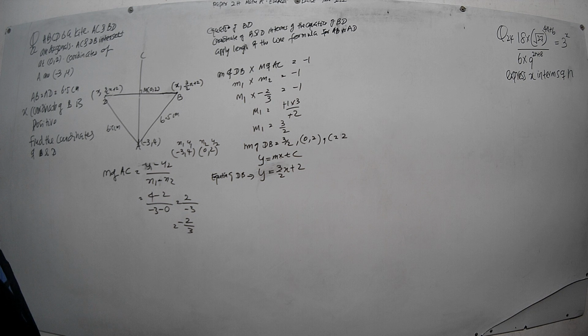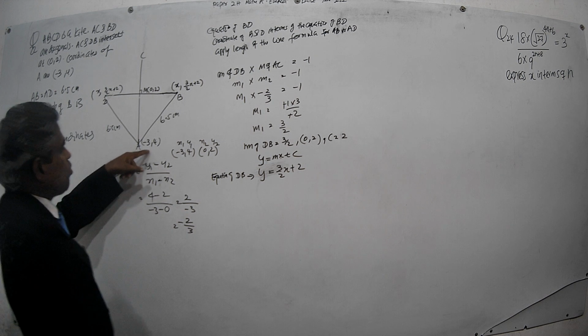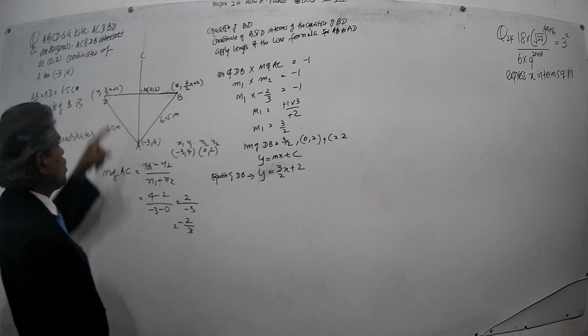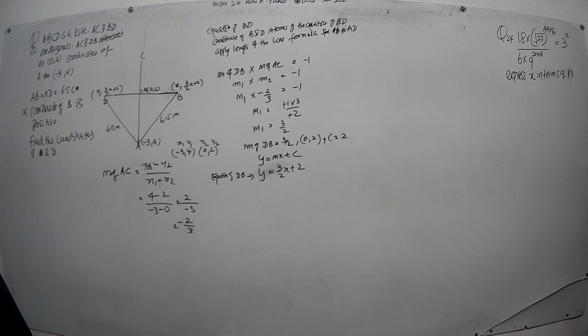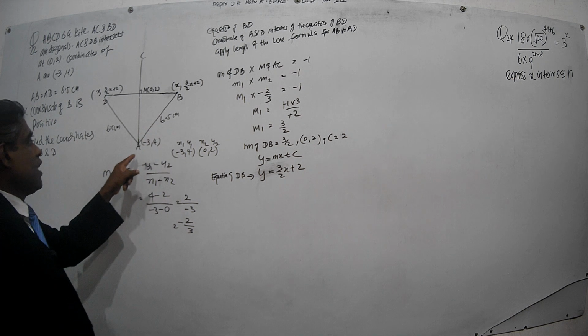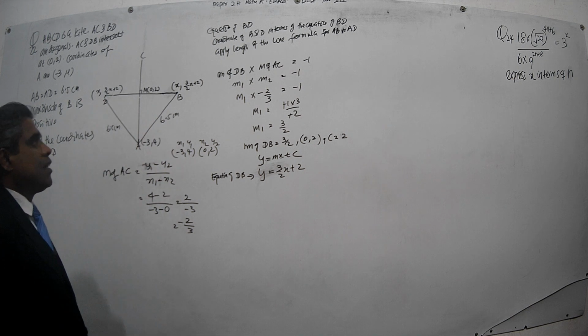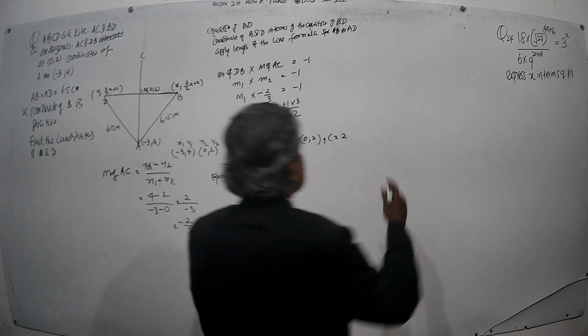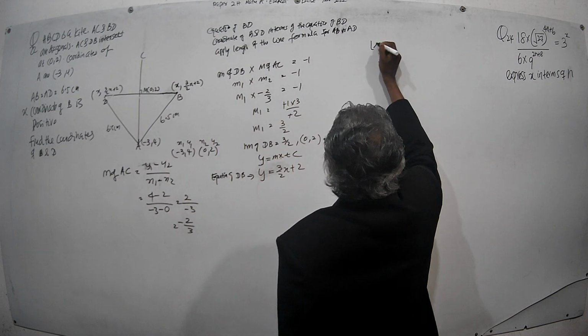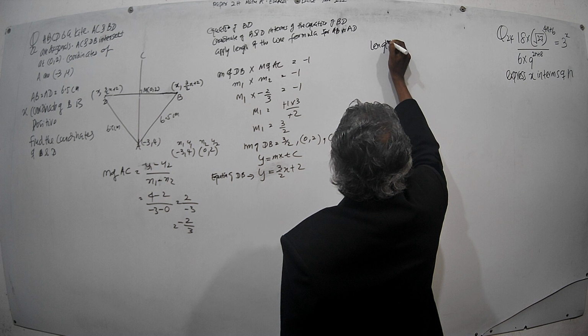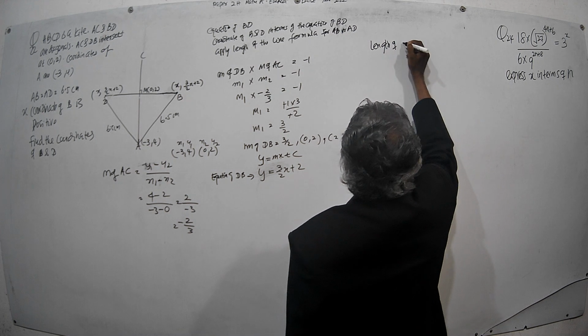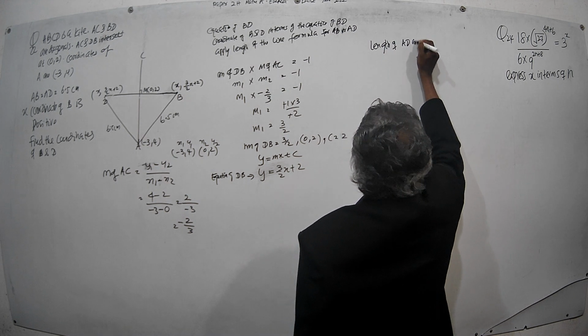Now we apply the length of the line formula using this point and this point, because we have been given the length of line AB and AD. Let's take the length of AD or AB.